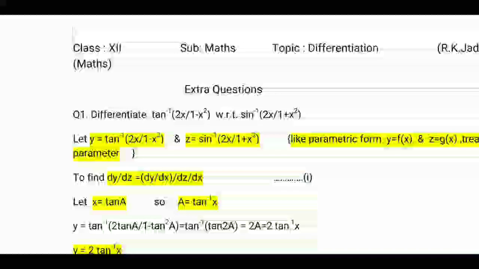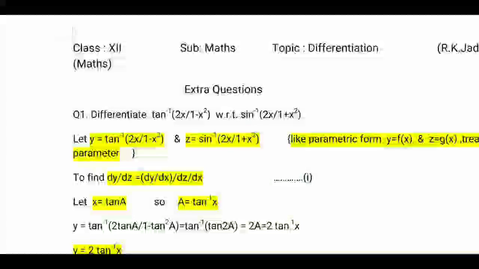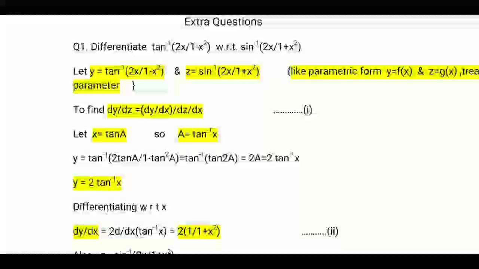Let x is equal to tan a in y, so a is equal to tan inverse x. So y will be equal to tan inverse 2 tan a upon 1 minus tan square a, putting the value of x as tan a.